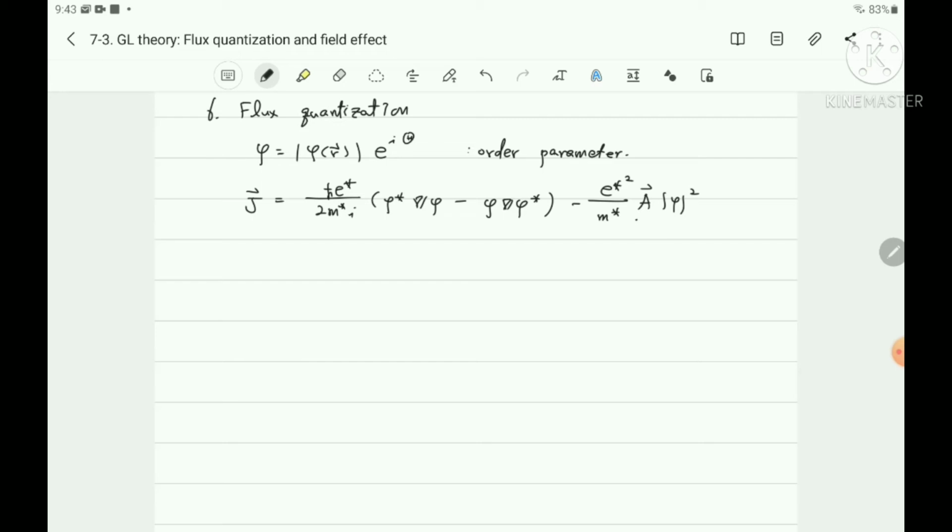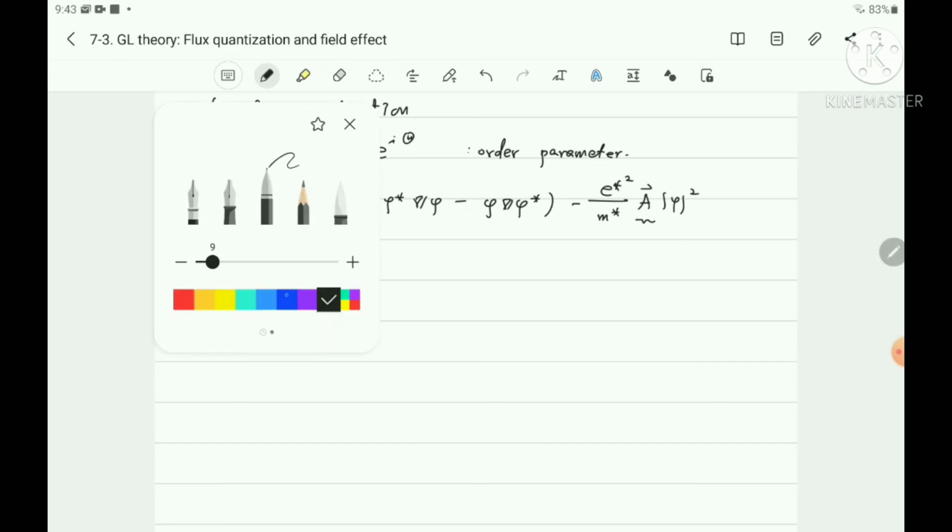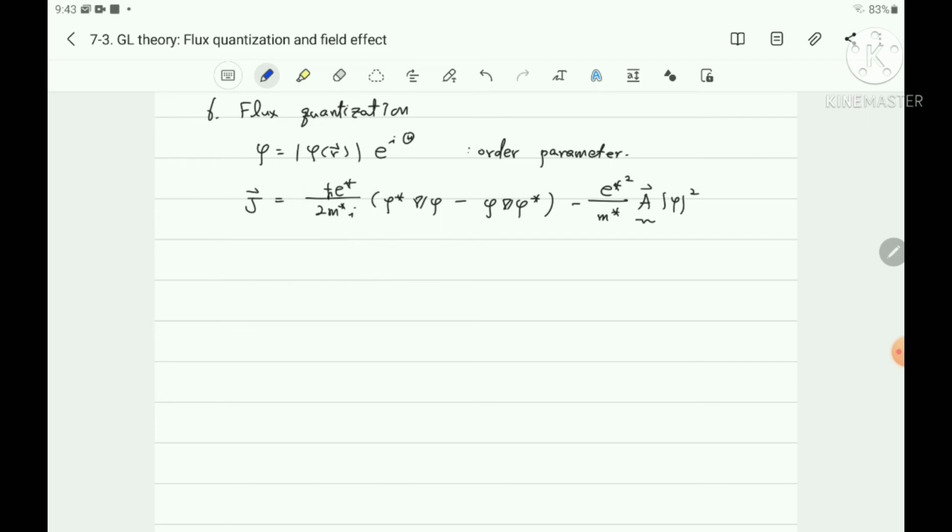Here A is the vector potential, and its existence indicates an applied magnetic field. Therefore, we should calculate this equation, and in the gradient we should calculate ∇φ.